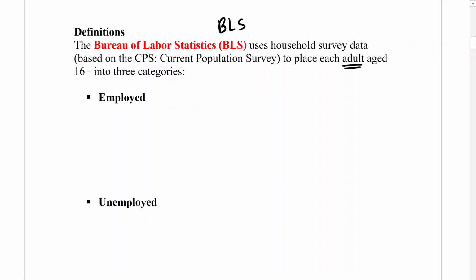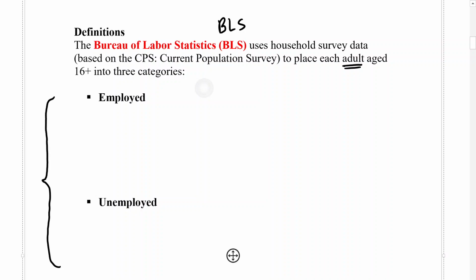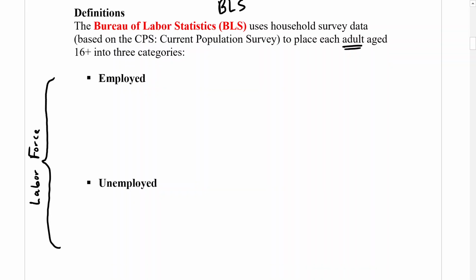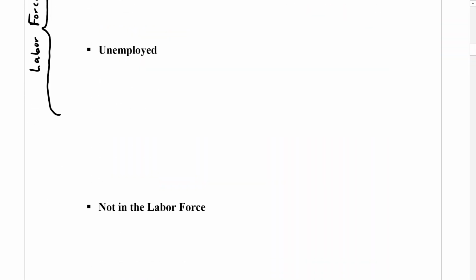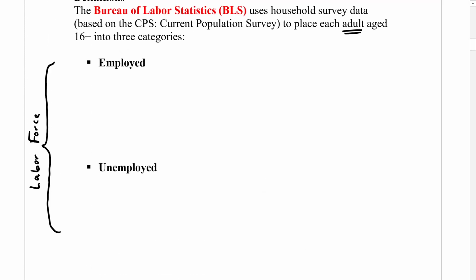But these three major categories are the employed and the unemployed. And let me first say that together, the employed and the unemployed make up the labor force. And if you're not employed or unemployed, you're considered not in the labor force. Okay, but let's go through these first.